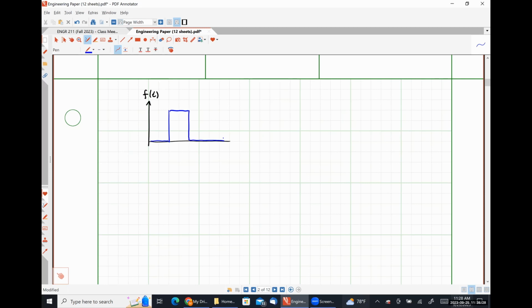Instead of just a ramp function, or excuse me, a step function type thing, we now have a rectangular pulse. How would I describe this mathematically? And the height of this guy is once again a.